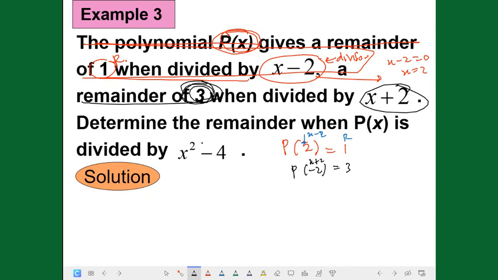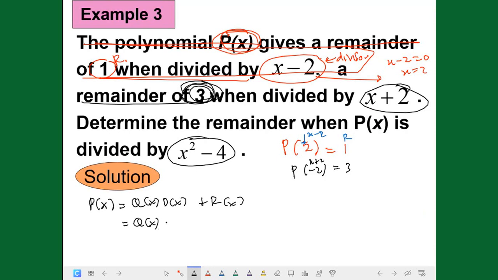And determine the remainder when Px is divided by this. Find the remainder when Px is divided. If you write Px equals Qx dx plus Rx, Px is not given and Qx you will not know. This is x squared minus 4, plus Rx.